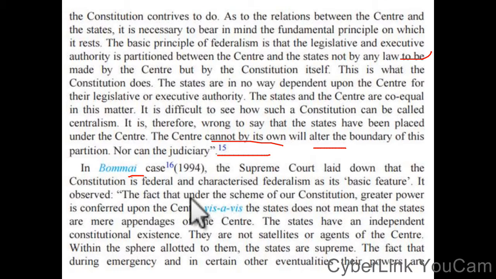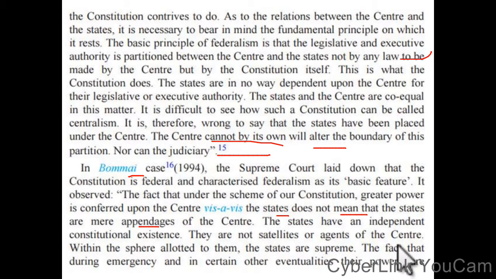It observed that the fact that under the scheme of the Constitution greater power is conferred upon the center as against the states does not mean that the states are a mere appendage of the center. The states have an independent constitutional existence. They are not satellites or agents of the center within the sphere allotted to them.